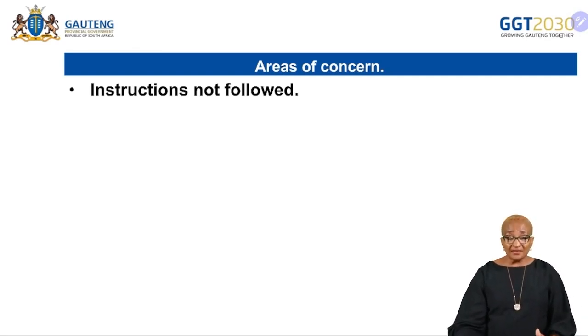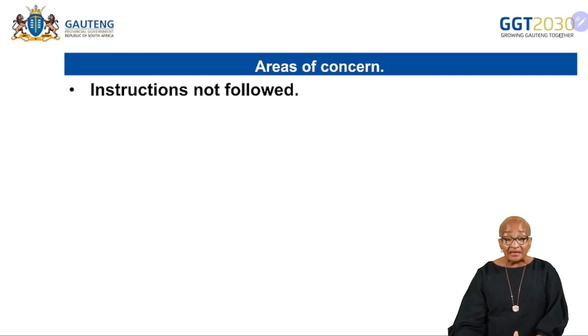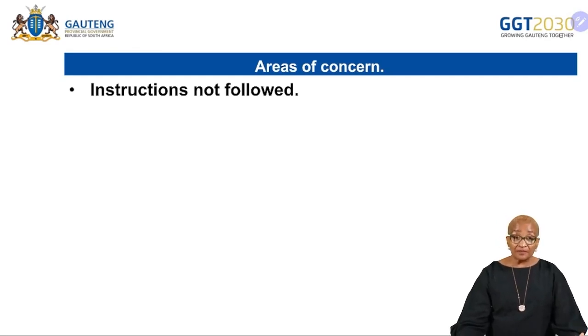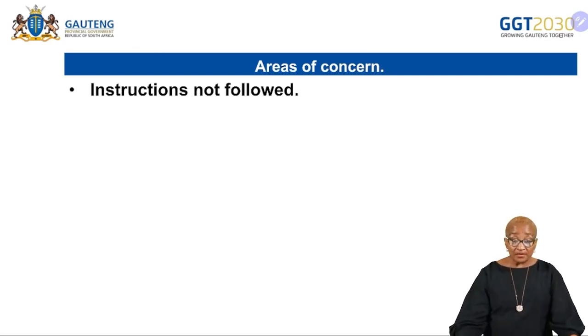Unfortunately, most candidates or most learners do not follow instructions. And because of that, they end up underperforming in a particular piece. Not because they don't know, only because they did not follow the instructions. And that is what has been picked up.